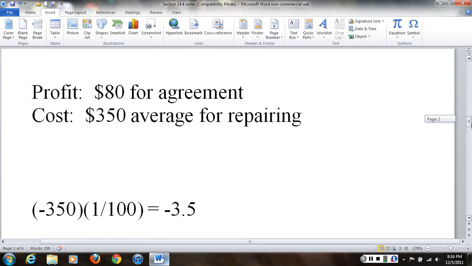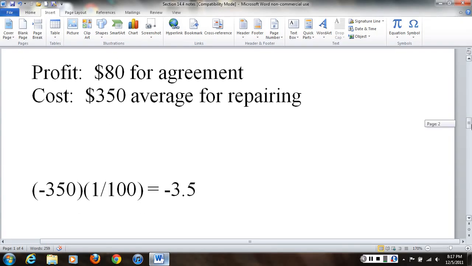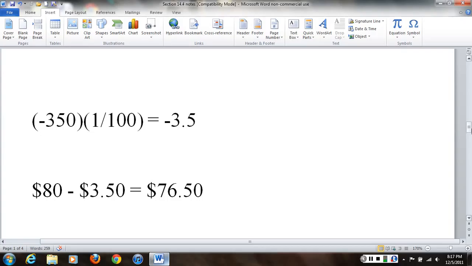So we say, what's the per year? What do we stand to lose? Well, there's a 1 out of 100 chance, and each time that happens, we lose $350. So on average per year, we stand to lose $3.50. Which means when you compare that against the $80 that was paid, the profit margin is very good.